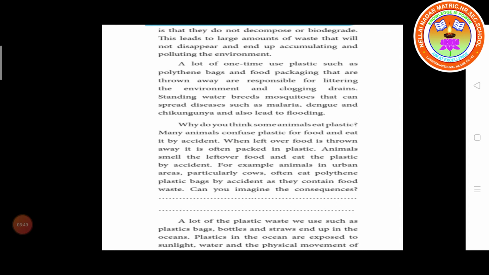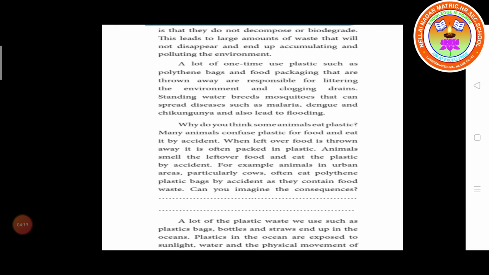And you have to think about why some animals eat plastics. Many animals confuse plastic for food and eat it by accident, because those containers have some food. So on the whole they eat food as well as the plastics.